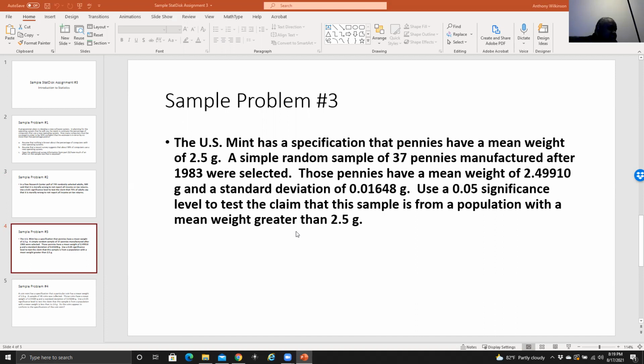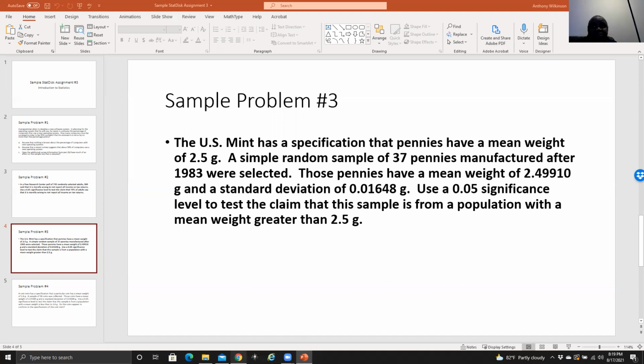And those pennies have a mean weight of 2.49910 grams and a standard deviation of 0.01648 grams. And we're using a 0.05 significance level to test the claim that the sample is from a population with a mean weight greater than 2.5 grams. So here we're testing a claim about a population mean because we're given mean weight.